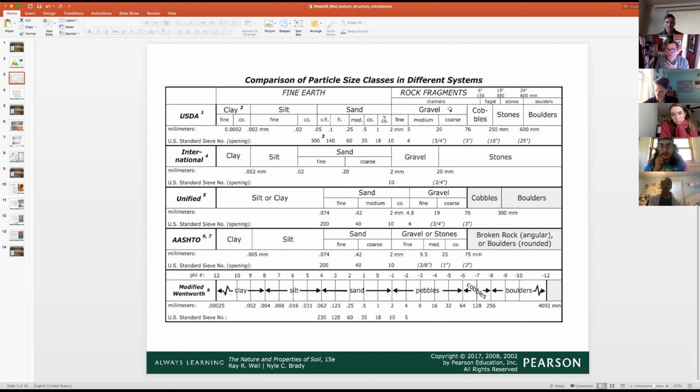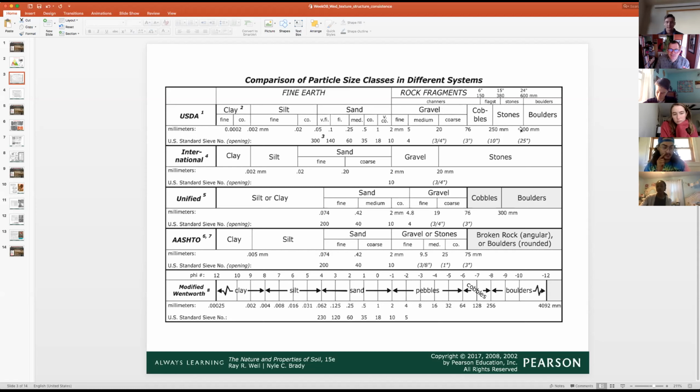You've probably all heard the word gravel and stone and boulder. But as in a lot of discussions, what's important if we're in the field doing a scientific evaluation of an area is that gravel means something specific. So if you're going to call something gravel in your field notebook when you're out looking at a soil, that means it's got a certain range of size particles, and you can't just call anything coarser than a sand gravel.